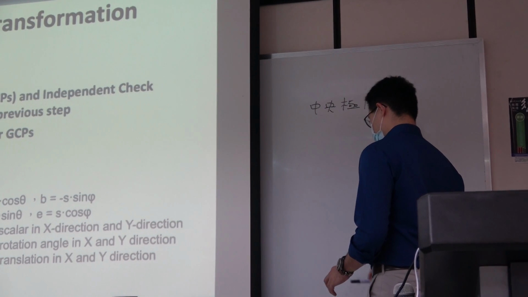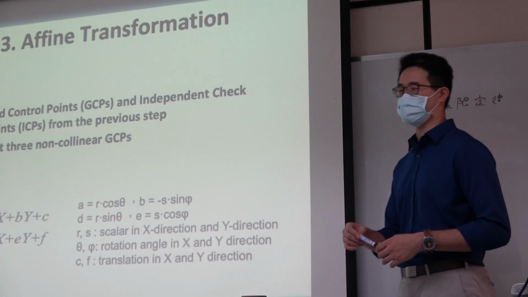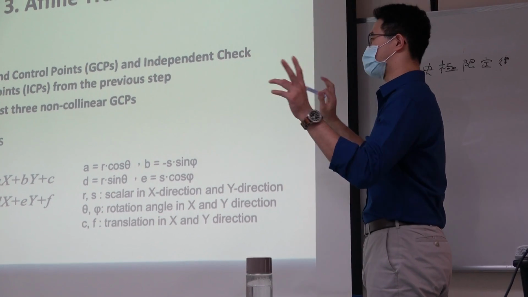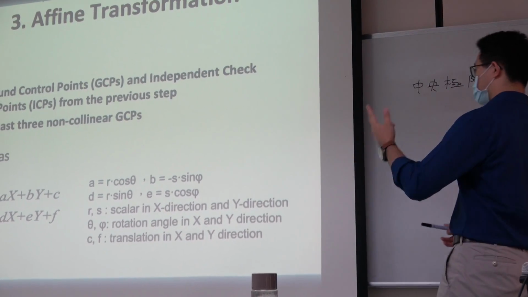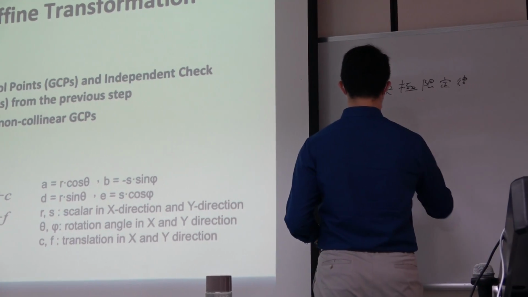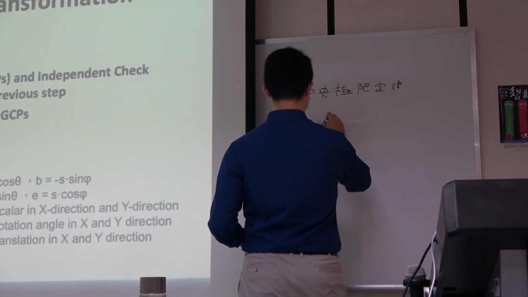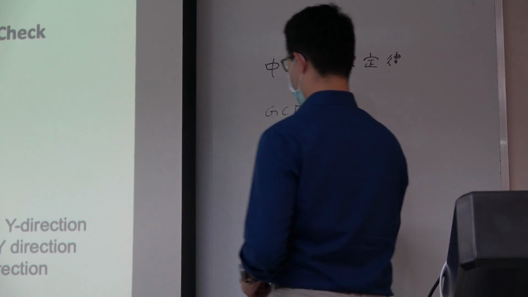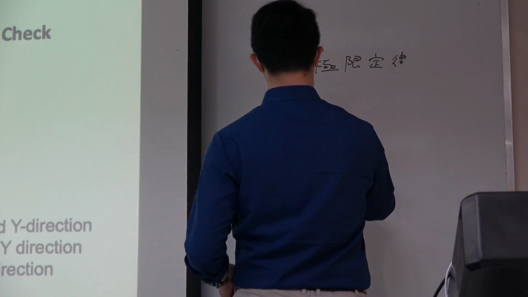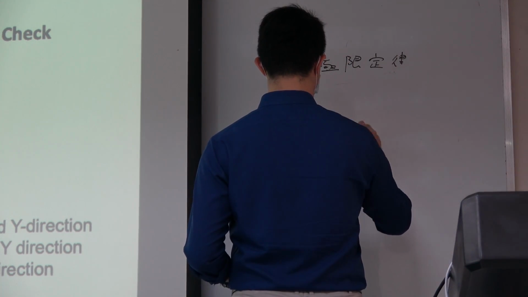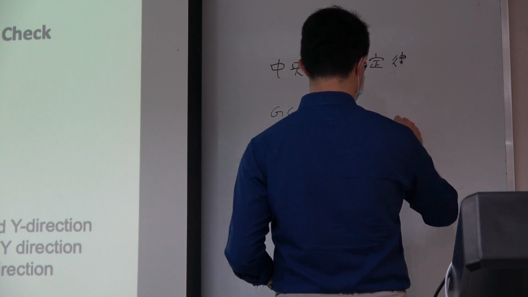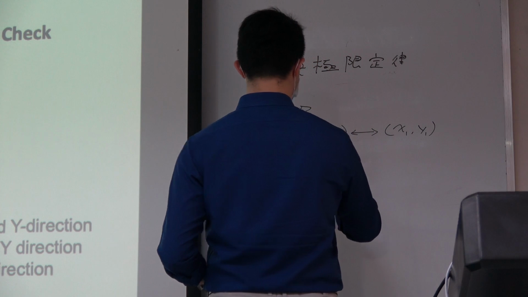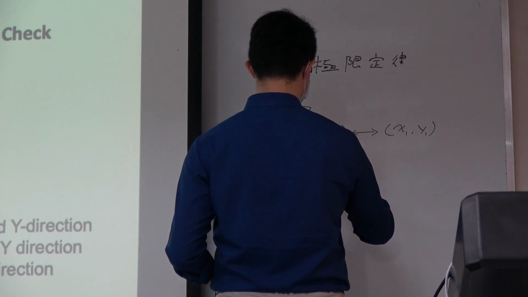Because in the past, some previous students usually confused about what the differences are, what the relationship is, and what the role of GCP and ICP is. So let me explain it here. Okay, so in terms of the GCP, basically it means that you have the x and y and the corresponding x and y. Actually, it will be very similar to what we were talking about yesterday.